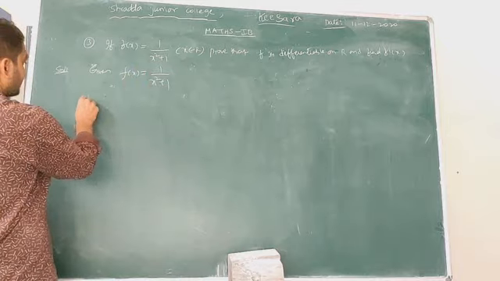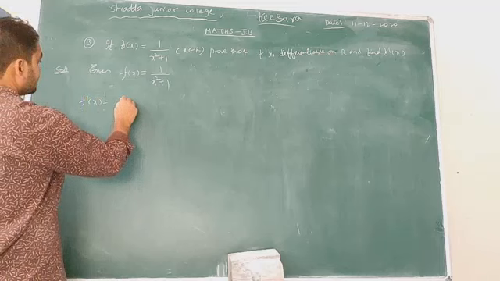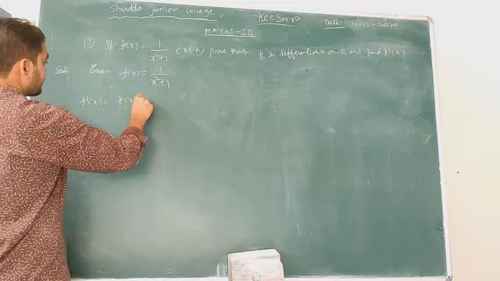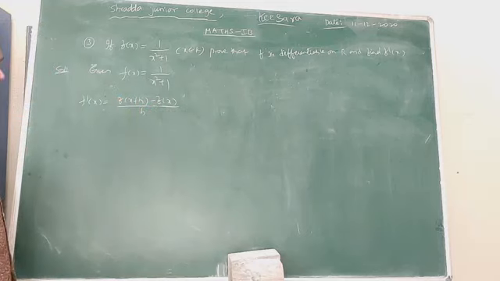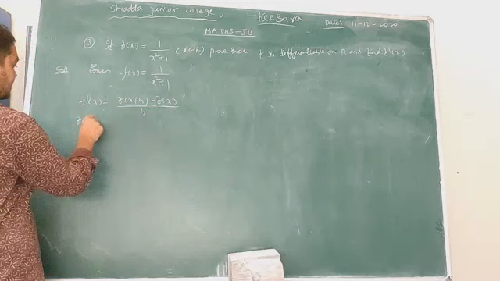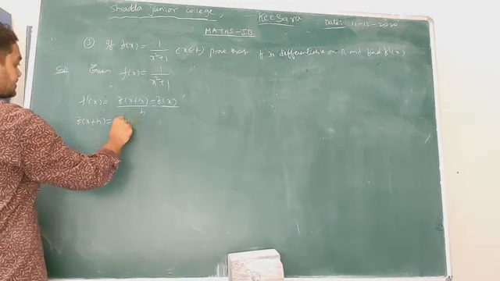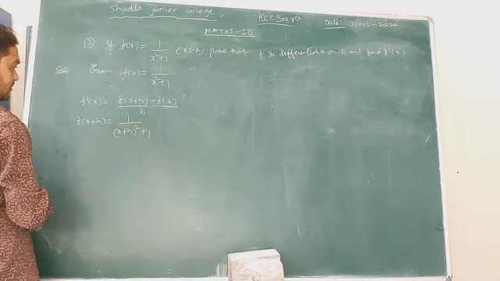Now here, what is the formula for finding f dash of x? That is f of x plus h minus f of x by h. Now this is equal to, what is f of x plus h here? 1 by x plus h whole square plus 1.